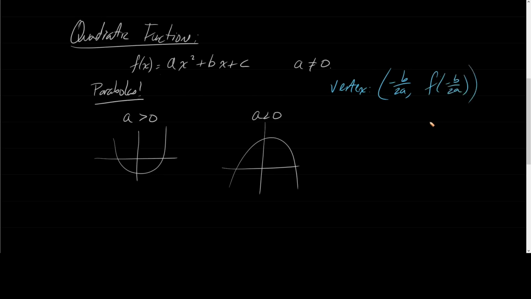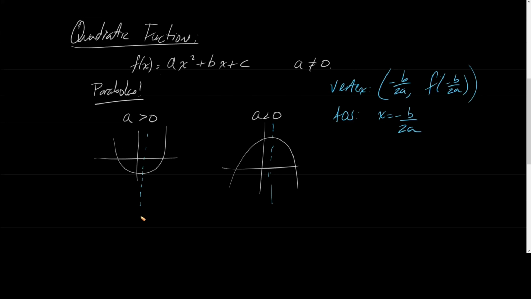That implies that our axis of symmetry would be at x equals negative b over 2a. Because this is our axis of symmetry, that tells us what the parabola is symmetrical about, something like that.